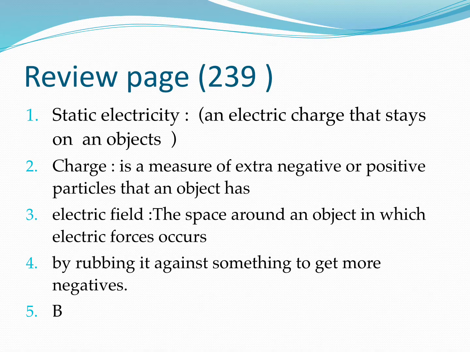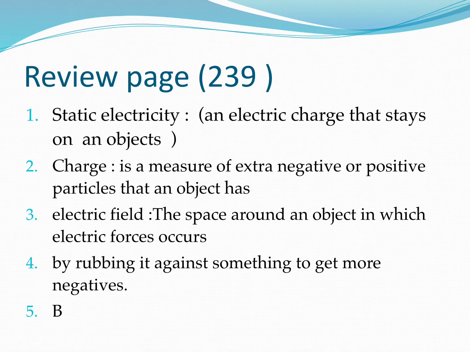The fourth question is critical thinking. How can you make a piece of rubber that has an overall positive charge neutral again? So let me ask you a question. When you say this piece has a neutral charge, the positive and negative charge are equal, right? So the piece of rubber has overall positive charge, right?